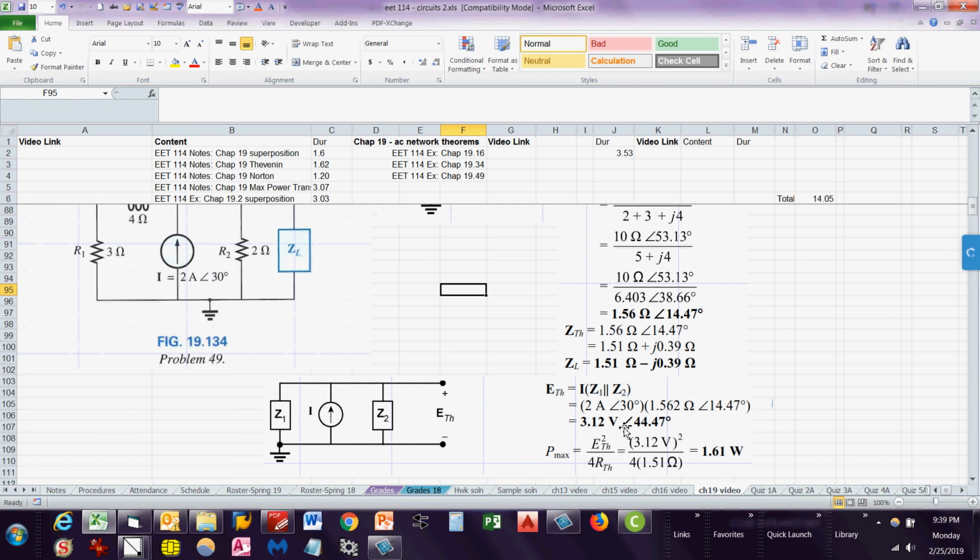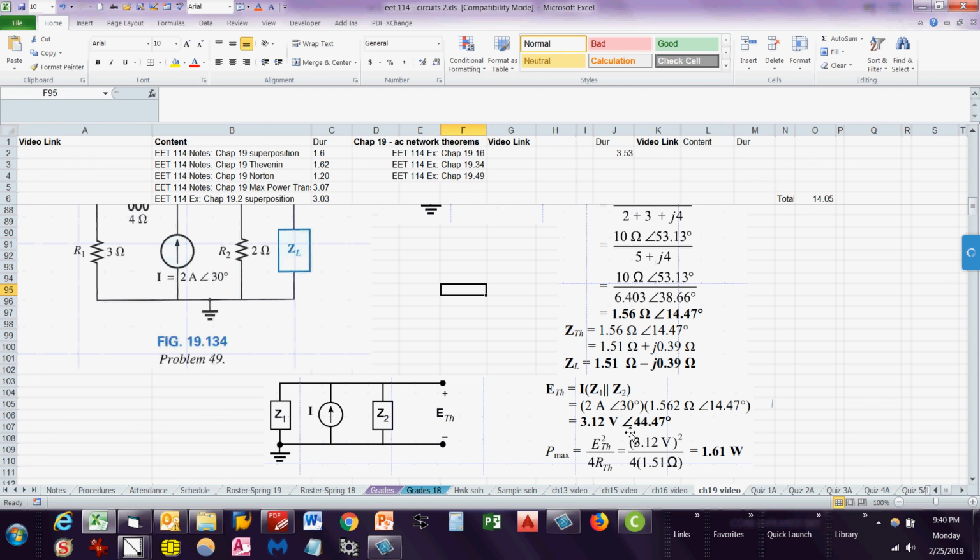Or, I'm sorry, you take Z1 in parallel with Z2, and then you take the current through them, which is going to be I, the load current. So you combine these two impedances, and then you find the current going through it, which is I, and then multiply them together, and you get E Thevenin.